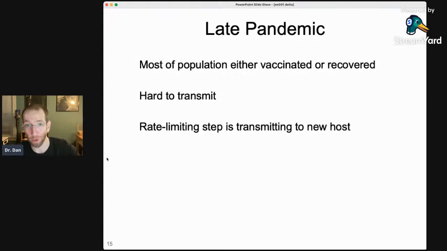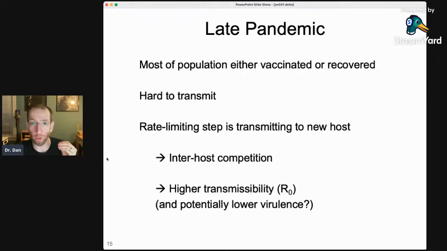So getting to that new host is the hard part, which means we're imposing inter-host competition. It's that competition between hosts that is going to drive the selection operating on this virus, which means we're selecting for higher transmissibility, a higher R naught. And given what we've talked about already tonight, that means we're potentially selecting for lower virulence.